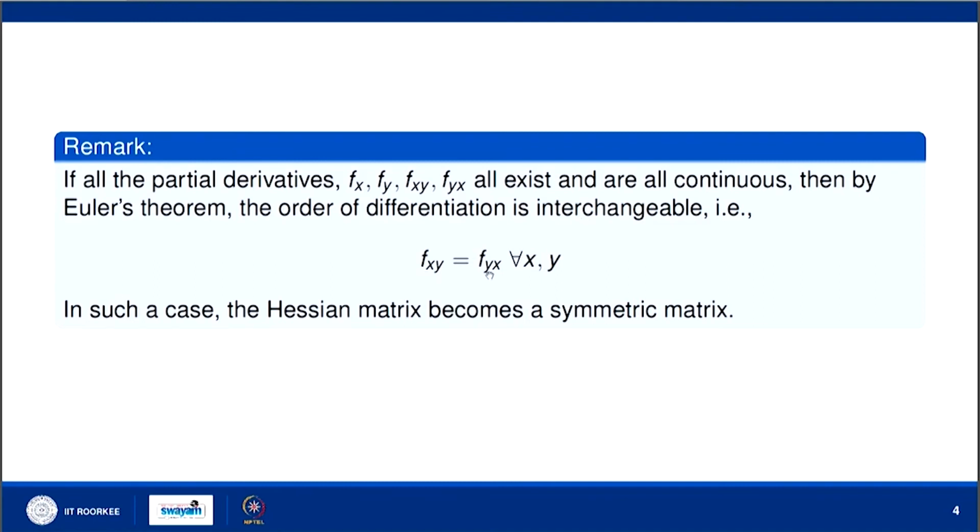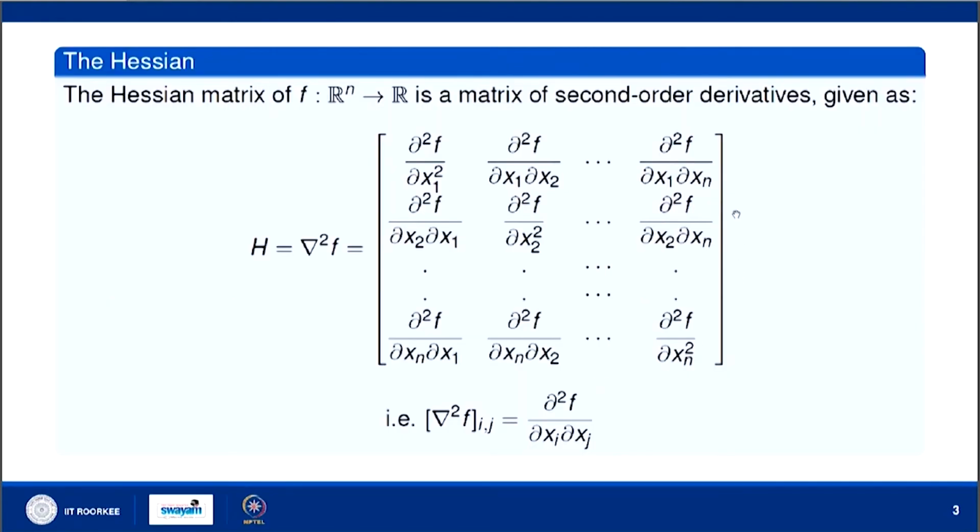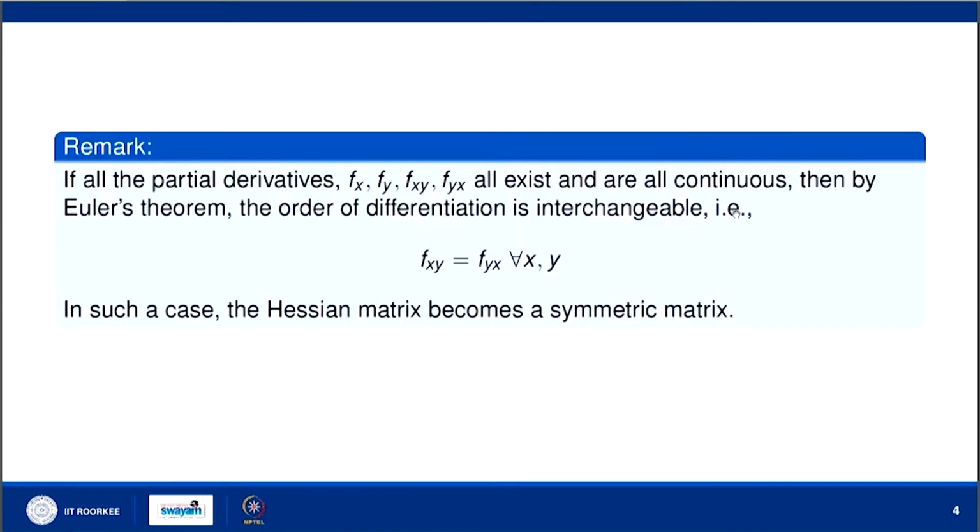That means this is equal to this for all x and y. So, if it holds for all xi xj, then this matrix will be a symmetric matrix. Okay. So, if we assume that all partial derivatives are continuous throughout the open region where the function is defined, then the Hessian matrix is symmetric.